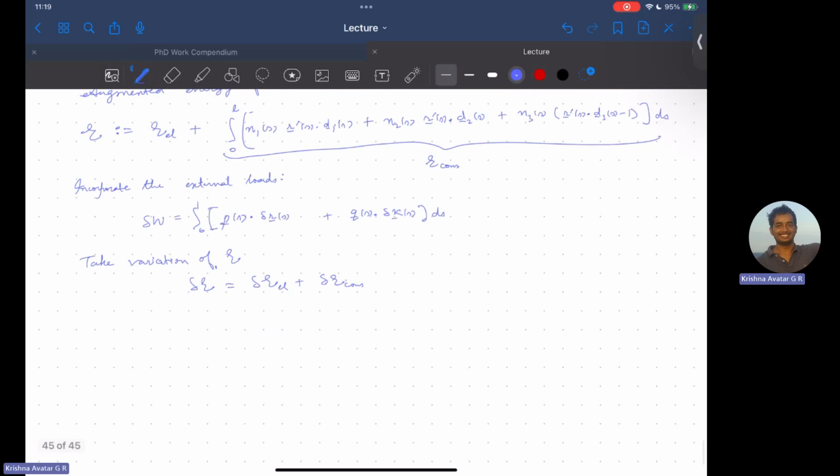Now what we do is we have something called the total variation, the variation of total energy. So first of all we construct the total energy functional.